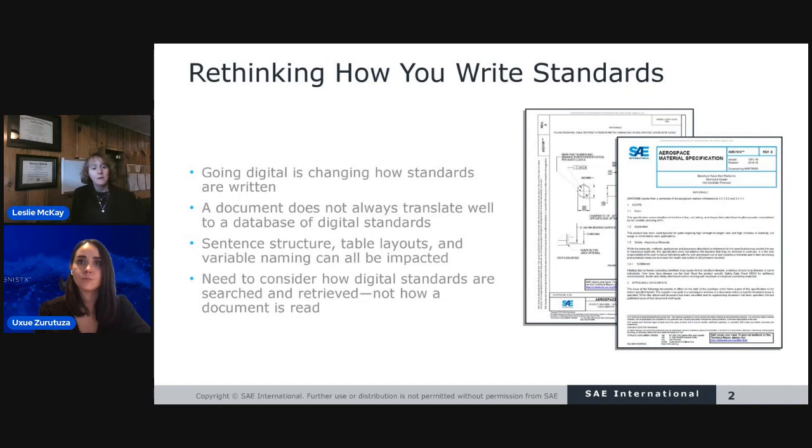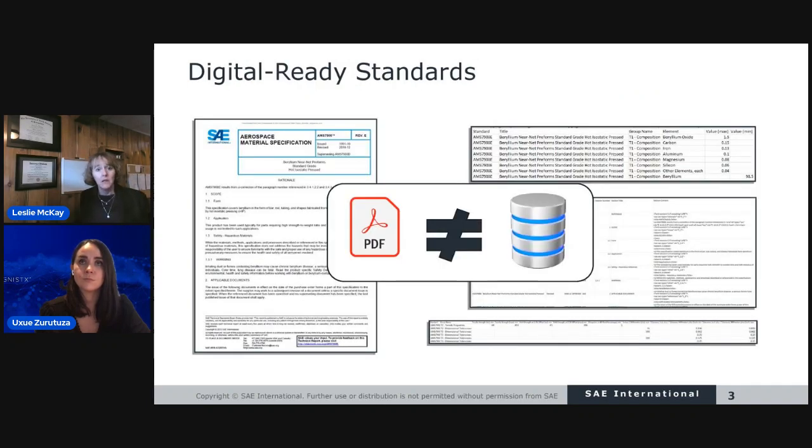This can impact sentence structure. It can impact how you have your tables organized. It can impact variable naming and all sorts of things. So it's very important to rethink how you're writing standards so that they can be in a better format to digitize using these types of natural language processing models.